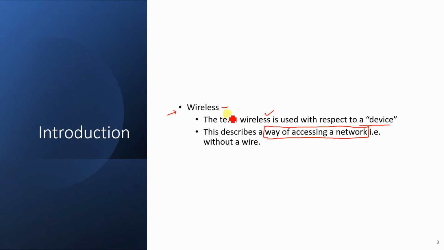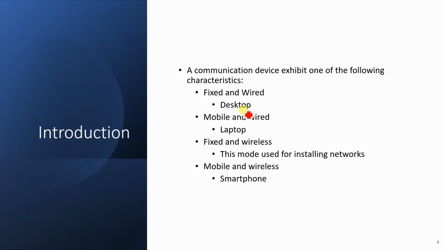Okay, so after identifying these two terms, we are slightly entering towards the mobile communication network. So going on with the discussion, in general, whenever we are talking about a communicating device, the device has some characteristics, which are explained here, and I have given one example for each.